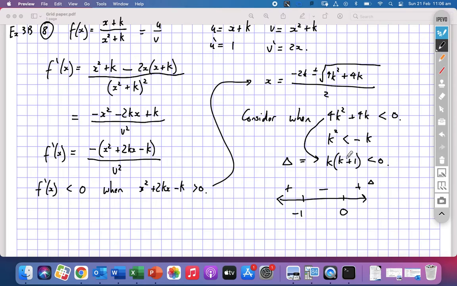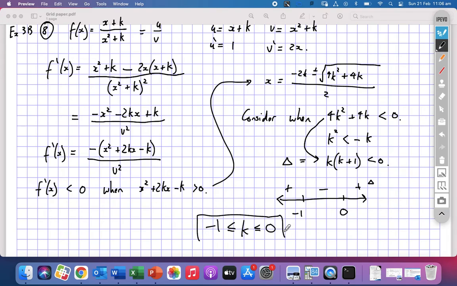That would give me -1/4. Right, as soon as I go above 0, like 1's above 0, I've got 1 times 2. It's positive again. It's only here, right? And that's the answer. K needs to lie between 0 and -1. -1 and 0.